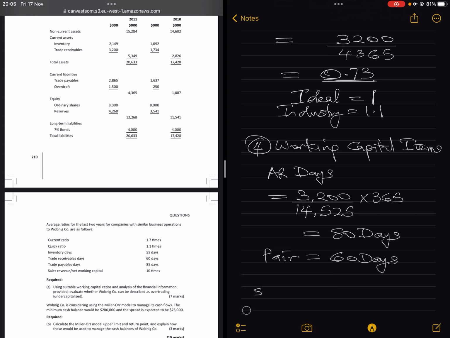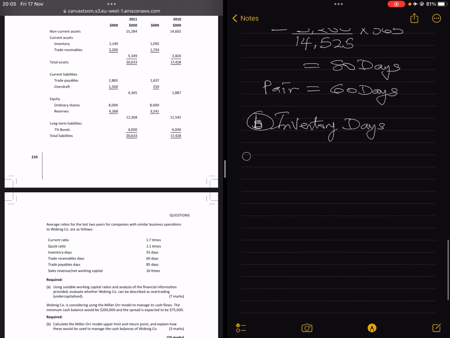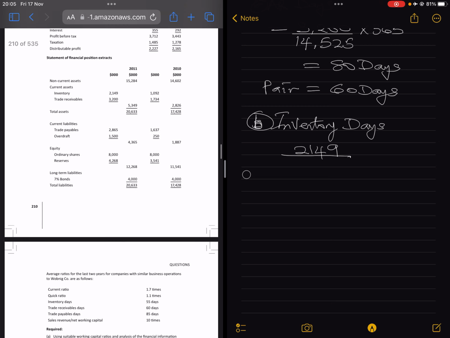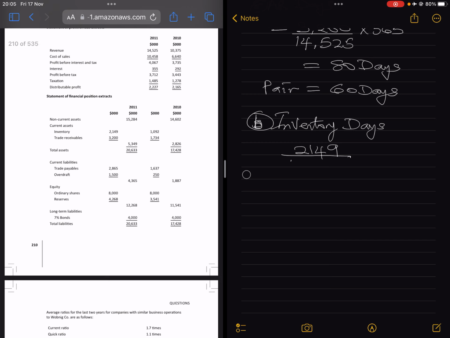Let's look at B, inventory days. In a similar way, the inventory balance we have is 2149. We divide that by cost of sales, which is 10,458, and multiply by 365 days.